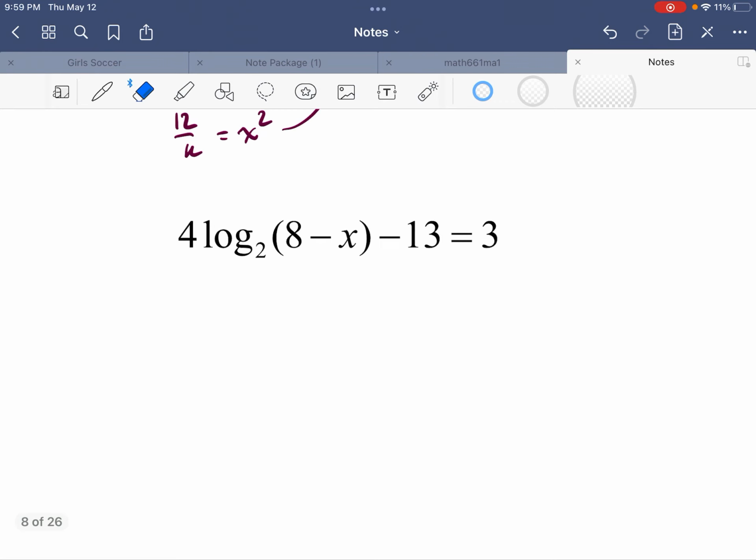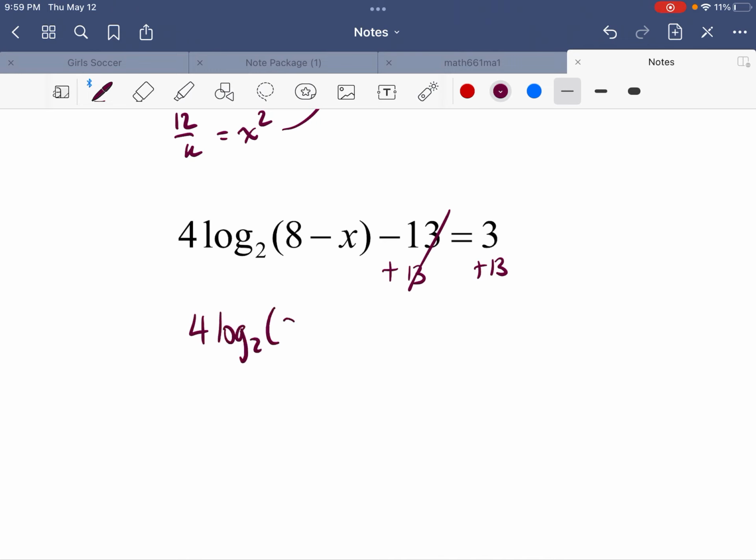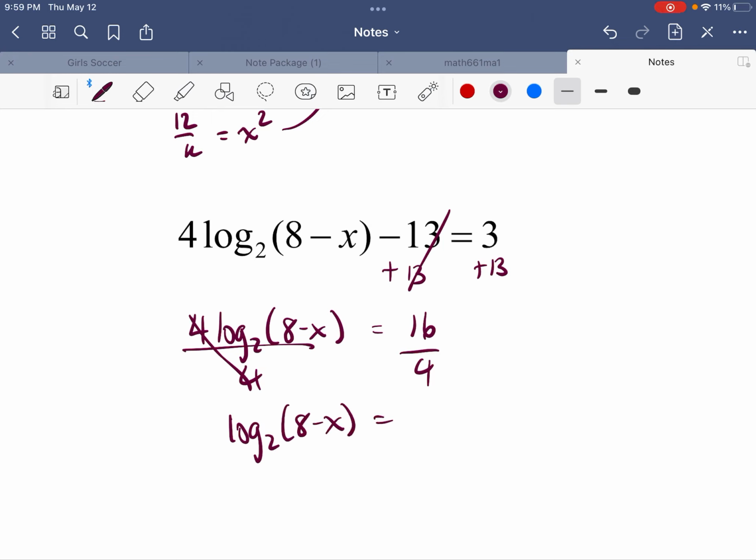All right, one more. We have to clean this up a little bit as well. We have this constant, so let's move that over to that side. And then let's divide by 4 to get rid of that coefficient. And now we have a logarithm with a single argument.